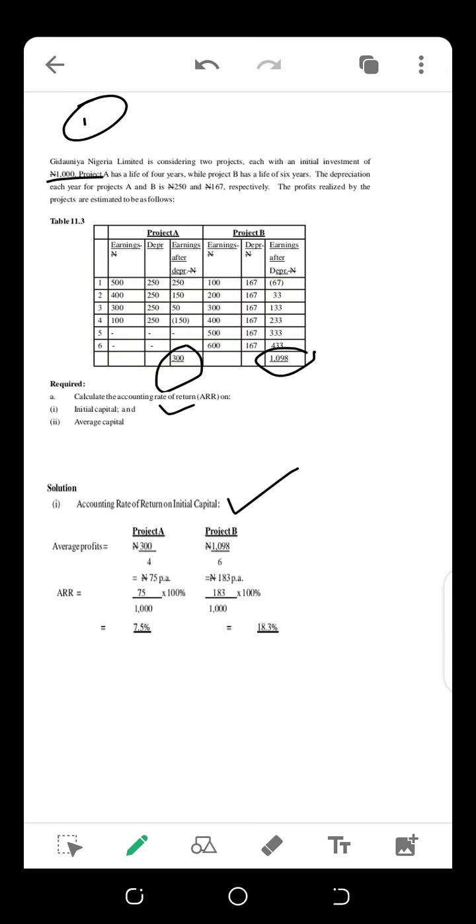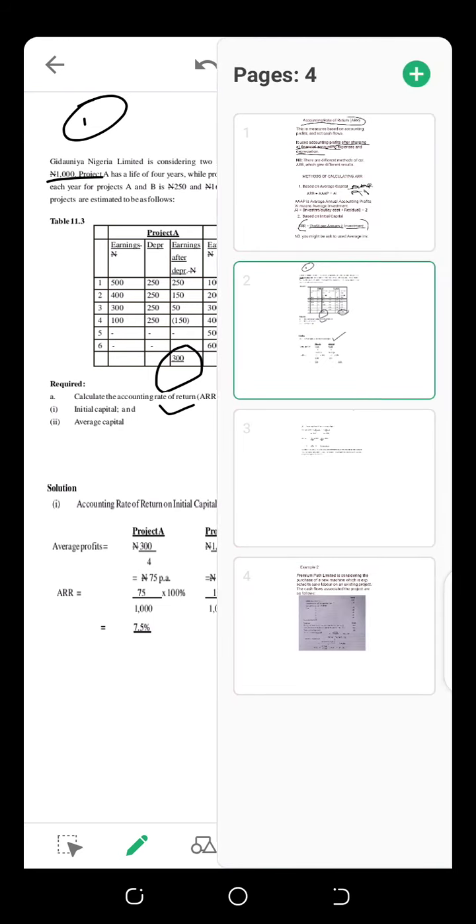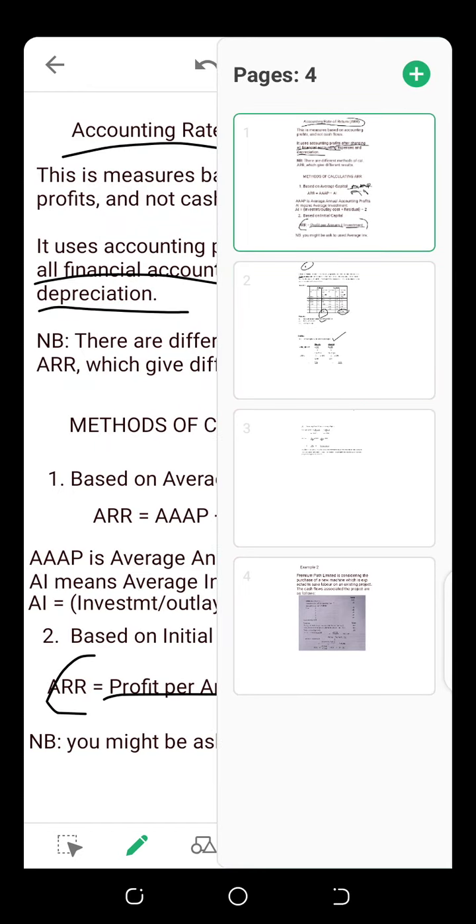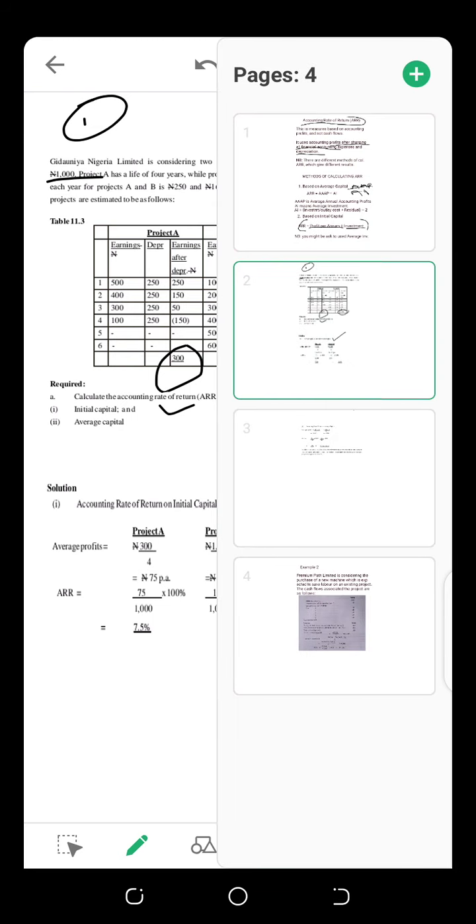Now, we already have our average profit here. We've solved our average profit in the previous slide to be what? 75 per annum, right? So let's now determine our average investment.